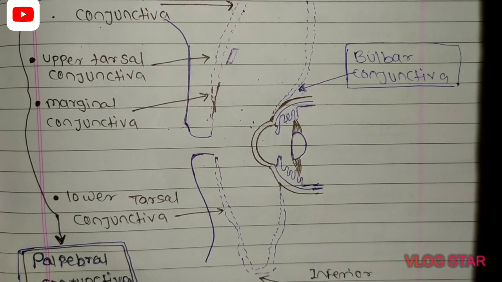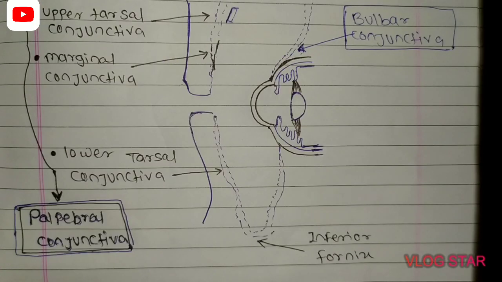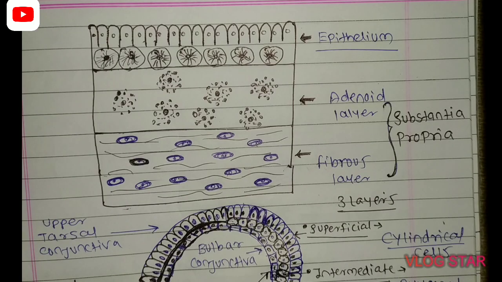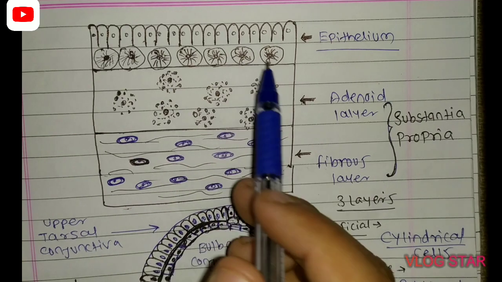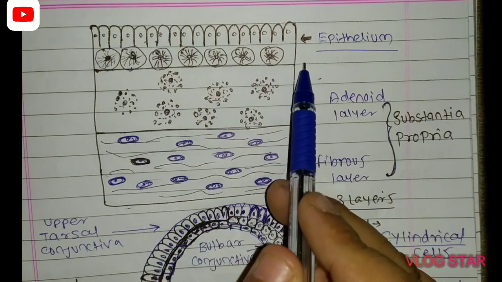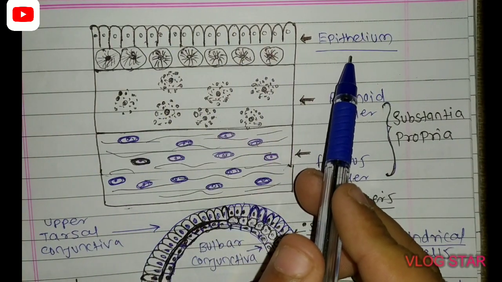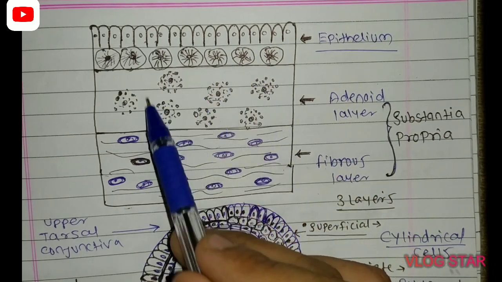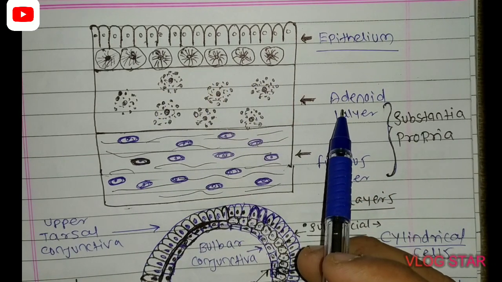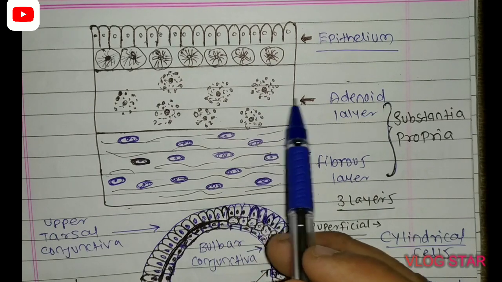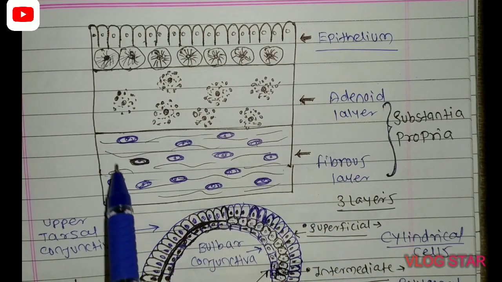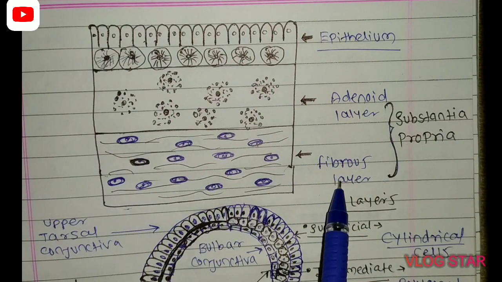Now let us talk about the histology of the conjunctiva. In the histology of the conjunctiva, we see the upper portion, that is superficially, there is the epithelium. The middle layer is formed by the adenoid layer and the internal layer is called the fibrous layer.